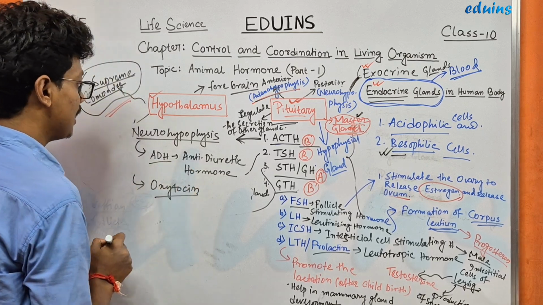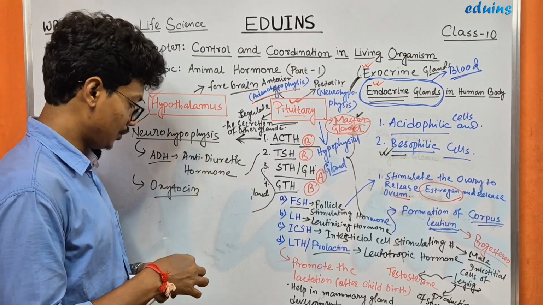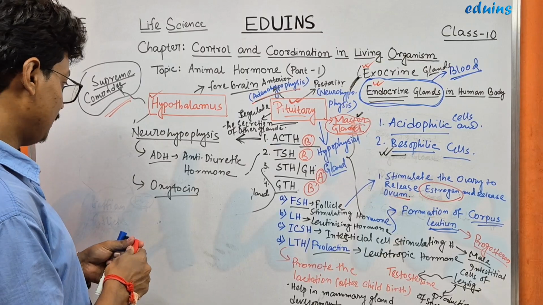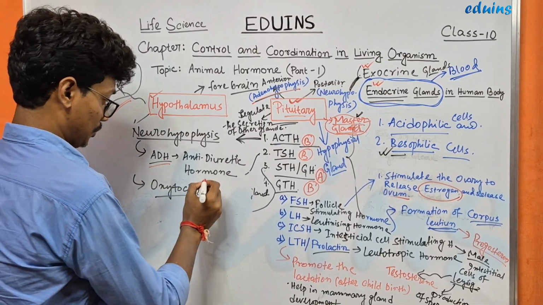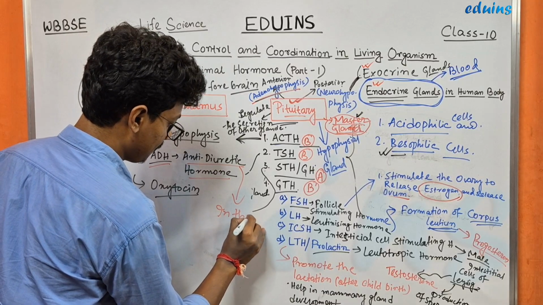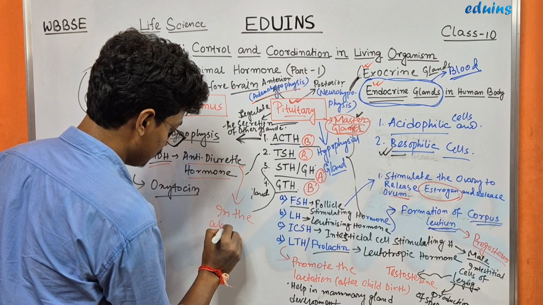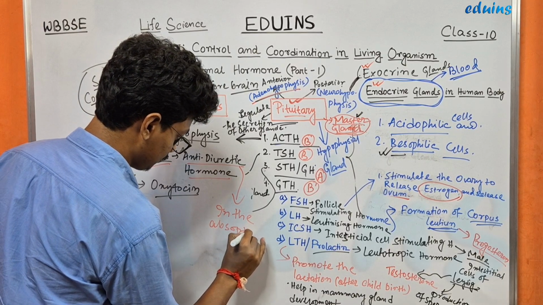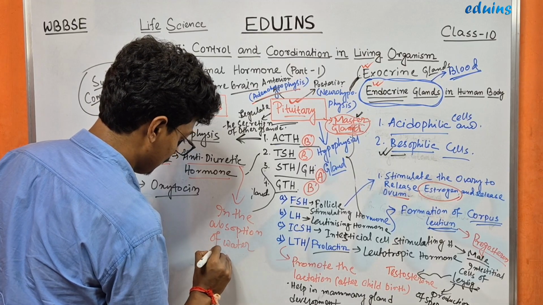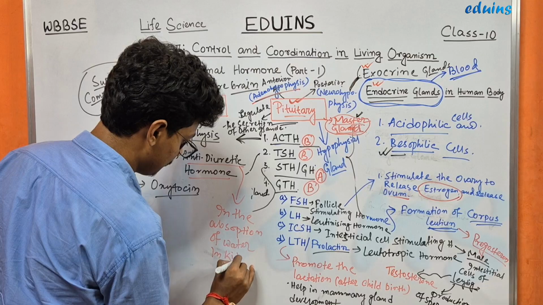These two hormones are released from the posterior pituitary. The first one, ADH, helps in the absorption of water in the kidney.